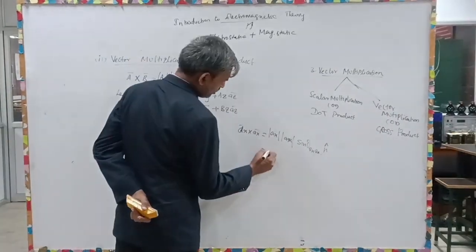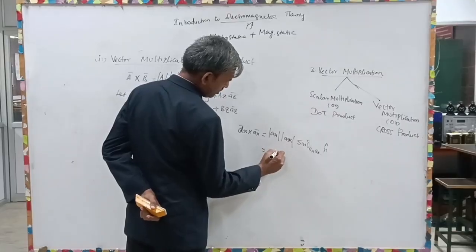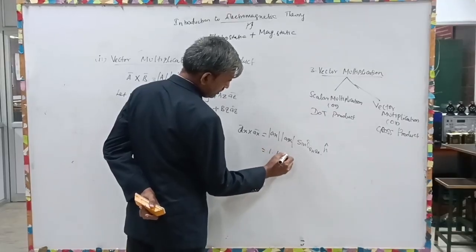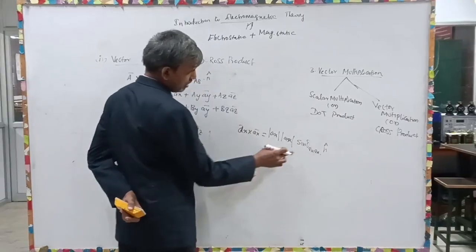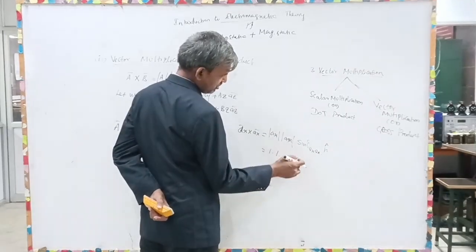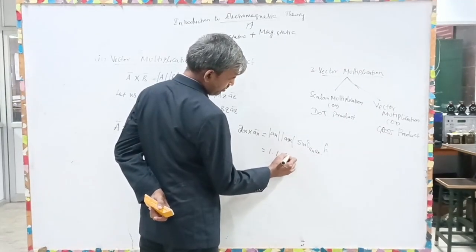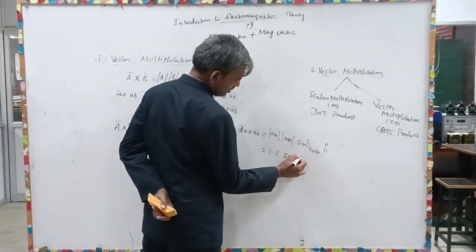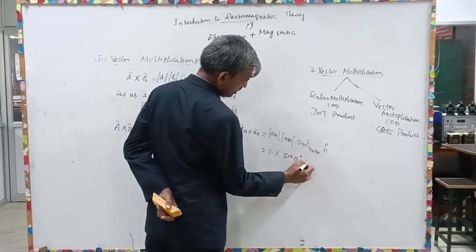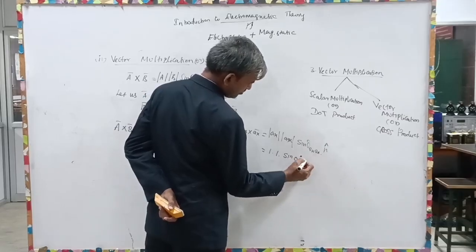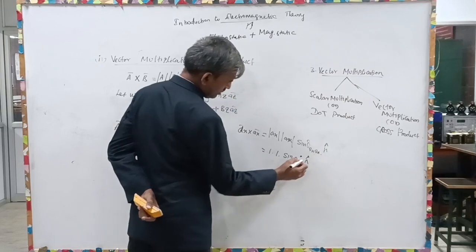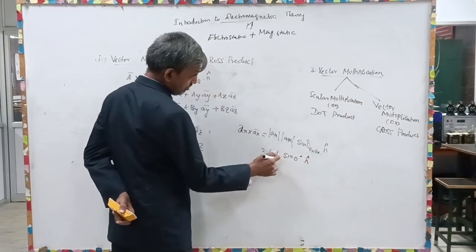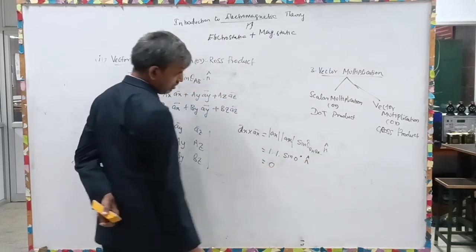Now the unit vector of Ax will be 1, and the sine of the angle between them will be 0. So sine 0 degree along the unit normal vector. So sine 0 value will be 0, and 0 into anything will be 0.